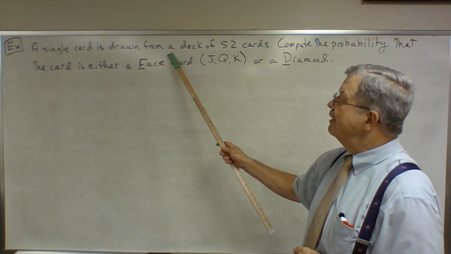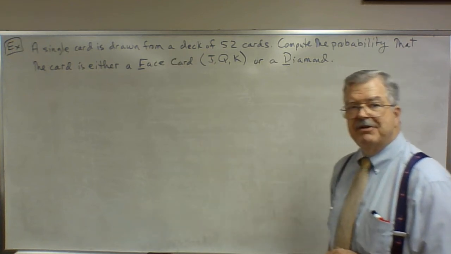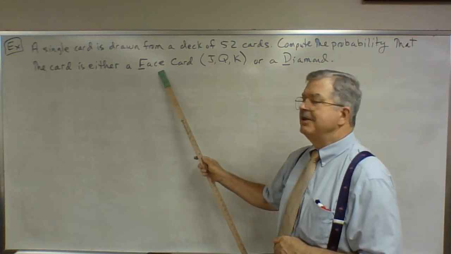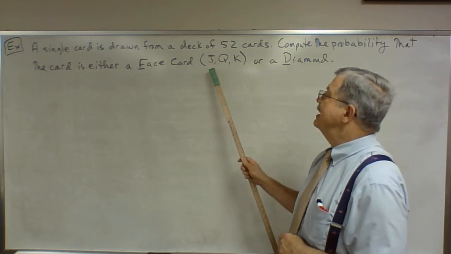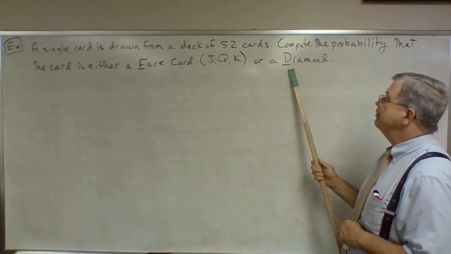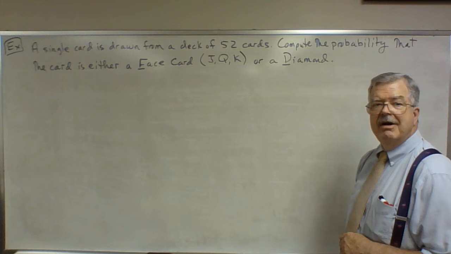A single card is drawn from a deck of 52 cards. Compute the probability that the card is either a face card, that is Jack, Queen, or King, or the card is a diamond.